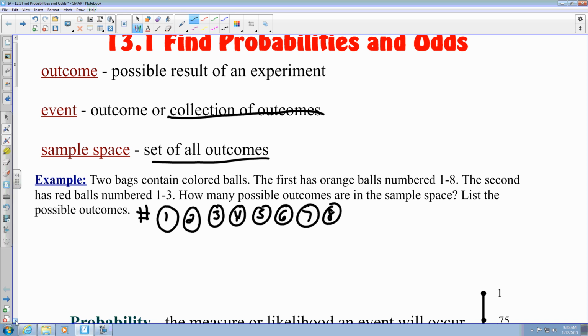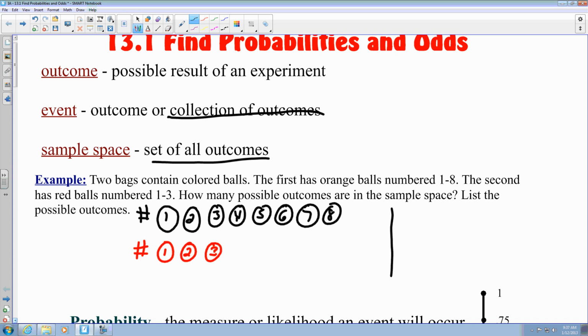Now this is bag number 2, and they have red balls numbered 1, 2, and 3. Okay? So there are 2 different ways you can write this sample space, one of which is a T-chart.